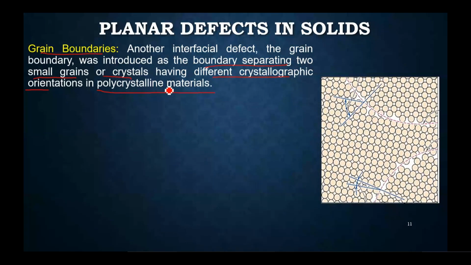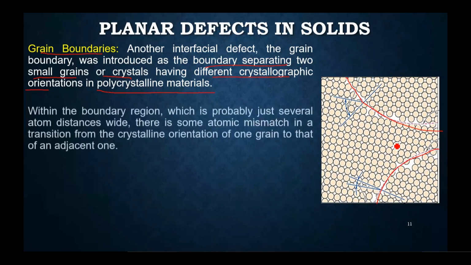Now, if you look at the image on the right-hand side of the screen, this is essentially a grain boundary, and this is a grain boundary. Within the boundary region, which is probably just several atomic distances wide, there is some atomic mismatch in the transition from the crystalline orientation of one grain to an adjacent one.